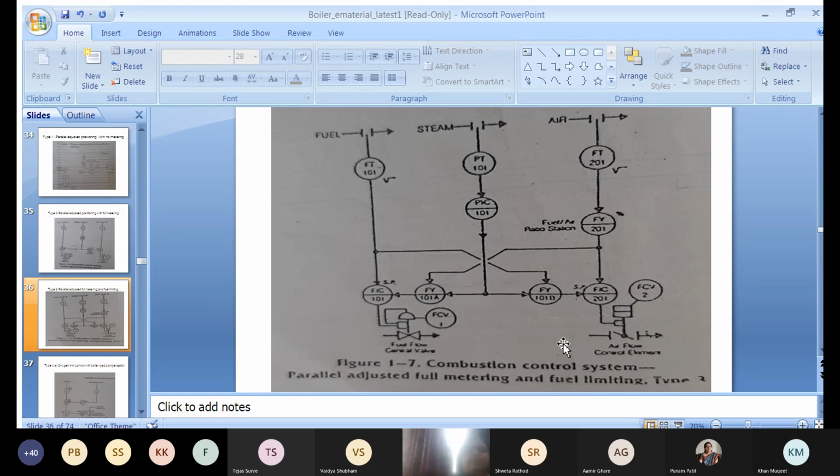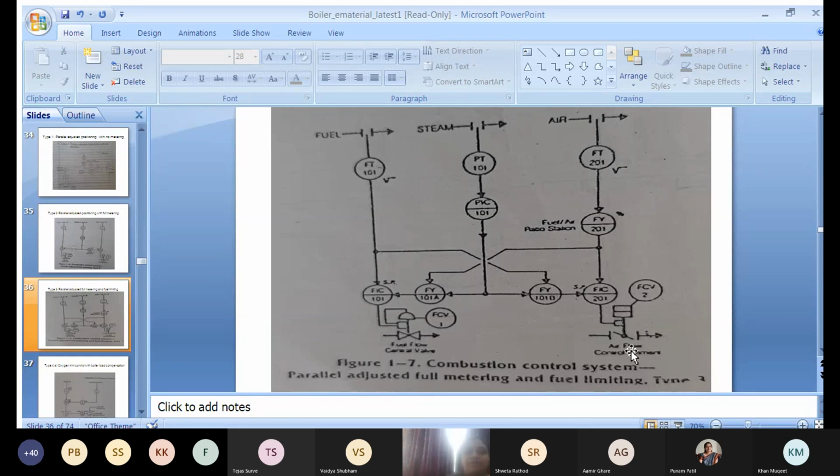Unnecessarily excess fuel and air will cause excess heat, and the boiler pressure is already high, so it may cause a blast.